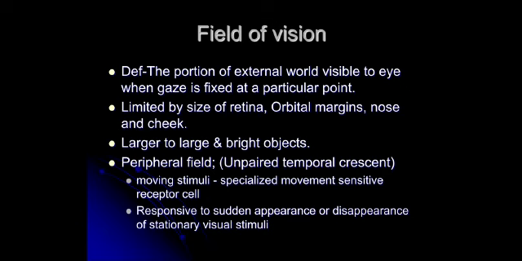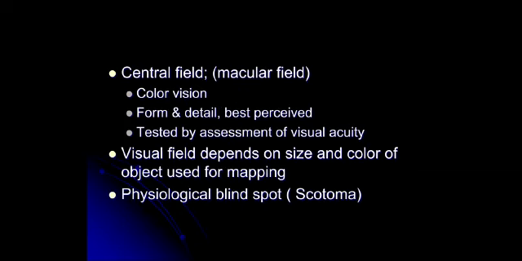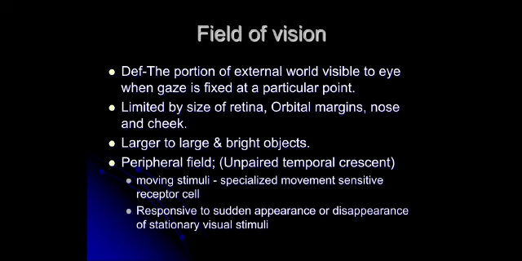So in the temporal field, at about 12 to 15 degrees from the fixation point, a scotoma, the blind spot, is located where perception of light does not occur. Why? Due to the absence of rods and cones. There are no receptors.